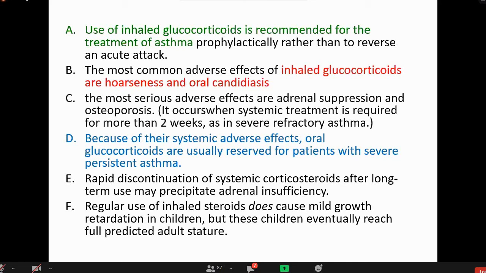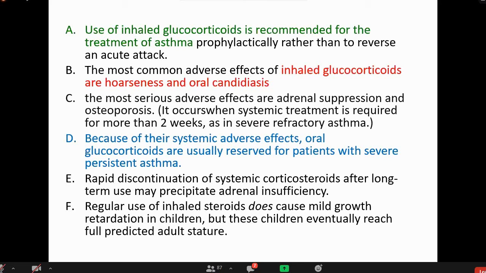Taper the dose. So suppose a patient is taking 2 plus 2 tablets of glucocorticoids. When you taper off the dose, if a patient is taking 6 tablets a day, you can convert to 4 tablets, then 2 tablets, and gradually stop the therapy.